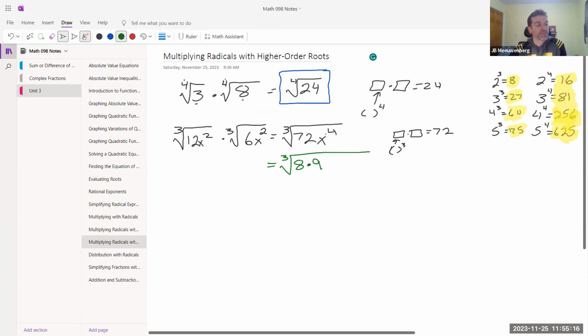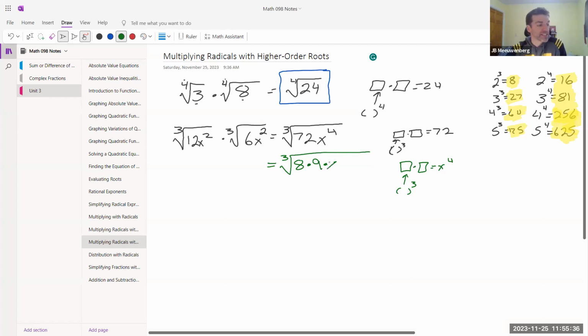And then we're going to do the same thing with x to the fourth. With x to the fourth, we are, again, trying to do something times something that equals x to the fourth, and one of them has to be a perfect cube. Basically that means the exponent has to be a multiple of 3.